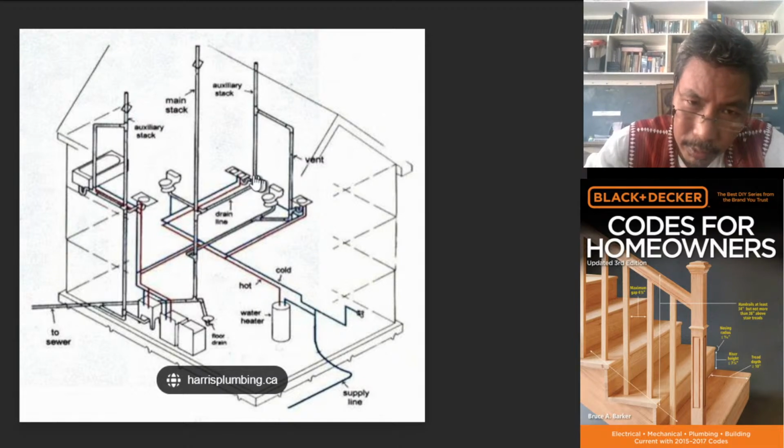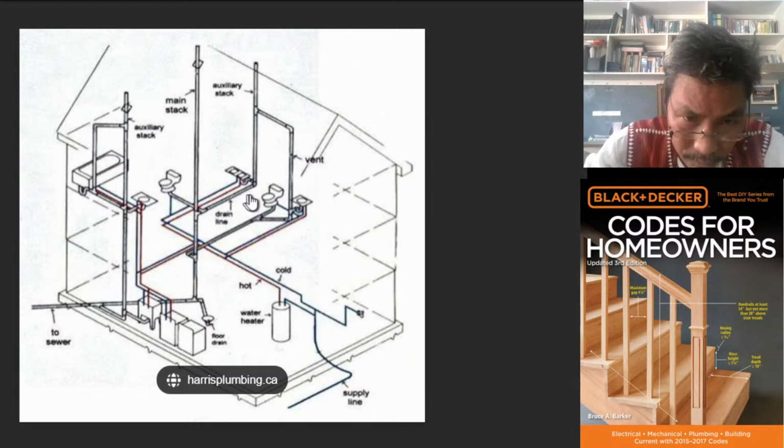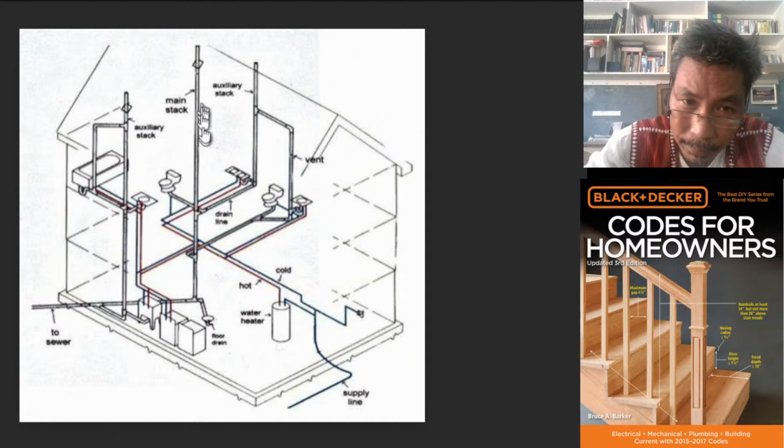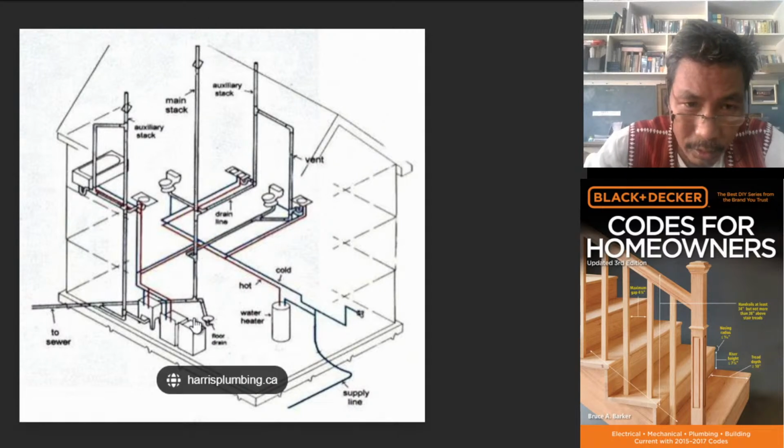Those are what we call drain line. And then we have what we call main stock. This vertical pipe is the main stock. The horizontal pipes connected to the main stock are what we call branch.